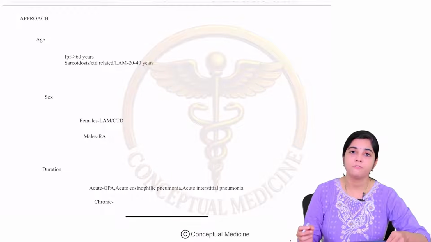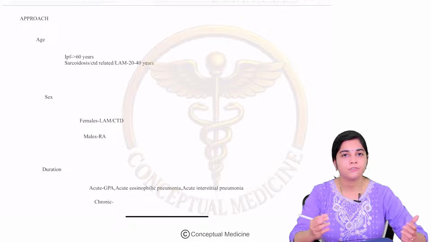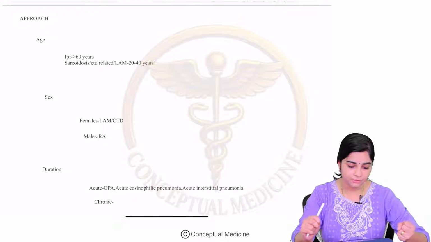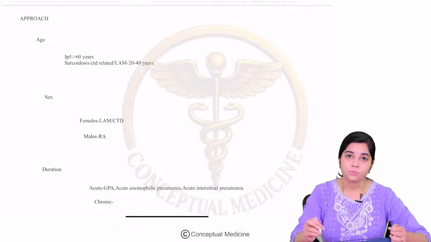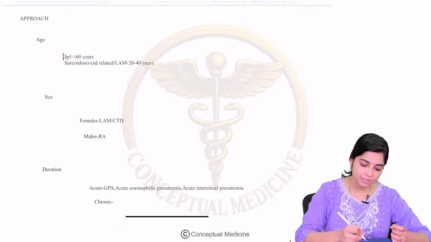Alright. So first you look at the age of the patient. So when you take a history, if you feel that the patient may be a patient of ILD, what are the things that you're going to look at? So age. So when is IPF presenting? Idiopathic pulmonary fibrosis is a disease of the elderly.